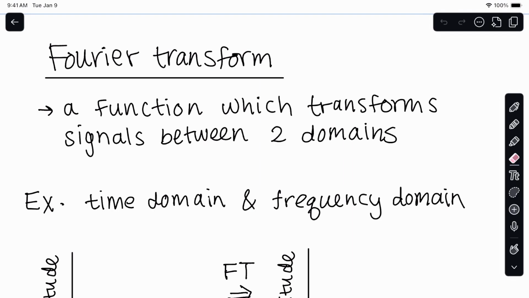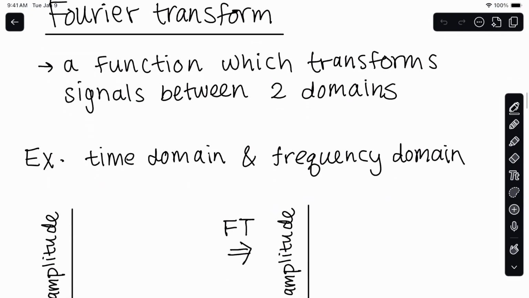So what is the Fourier Transform? The Fourier Transform is just a function which transforms a signal between two different domains. So what do I mean by domains? Well, one common example is the time domain and the frequency domain.